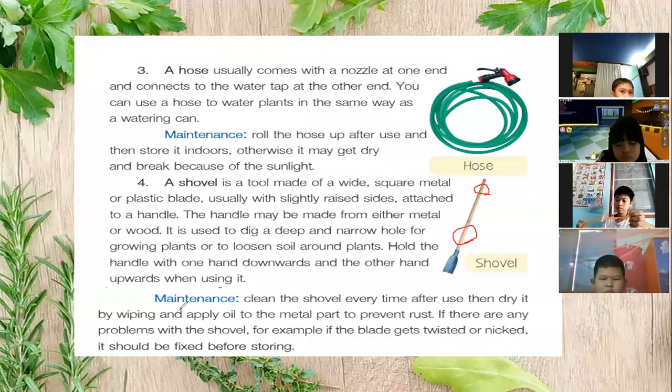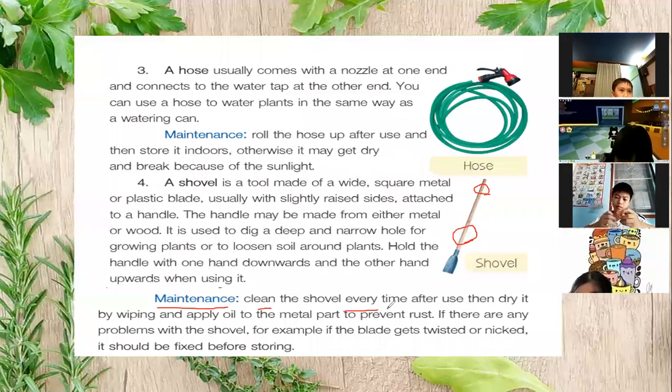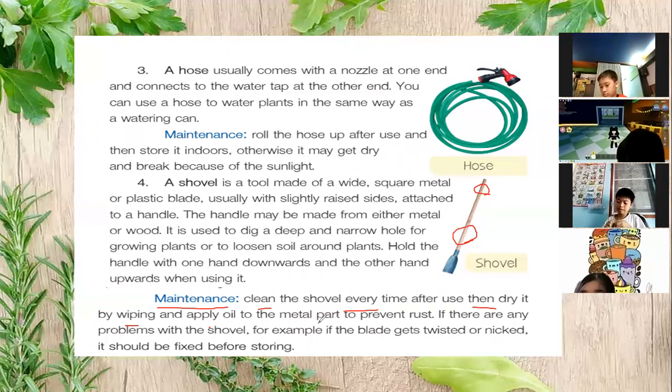So how are we going to maintain it? Maintenance. Clean the shovel every time after use, then dry it by wiping and applying oil to the metal. Once you are done with your work, you have to clean it every time after use, and then make it dry by wiping.